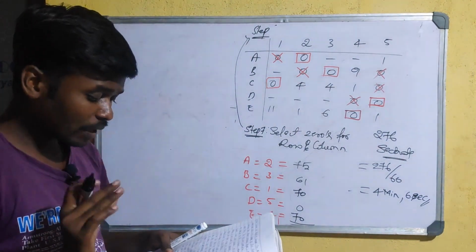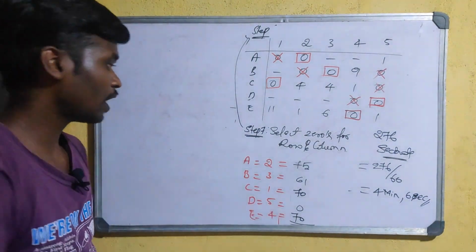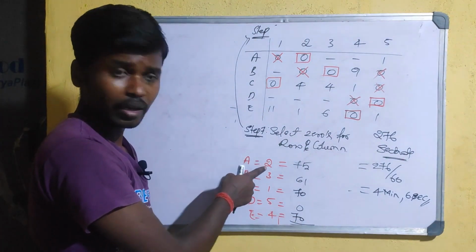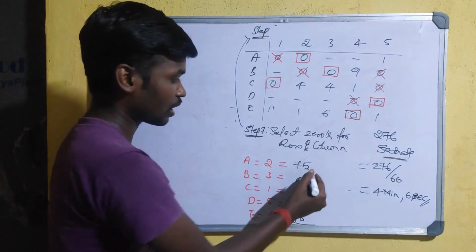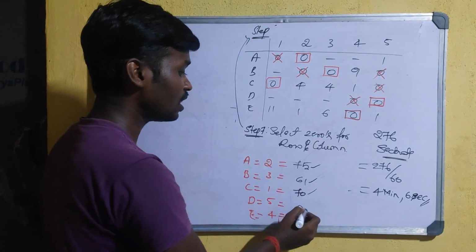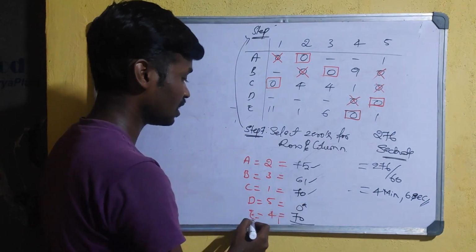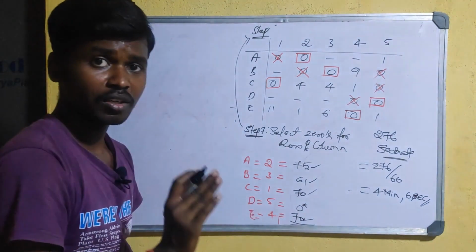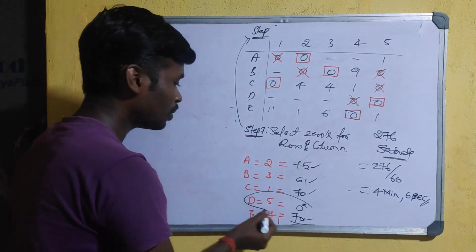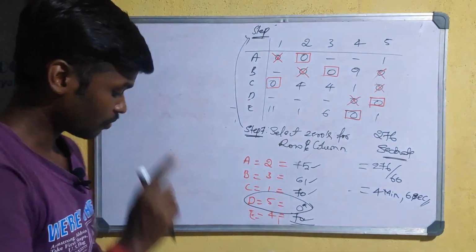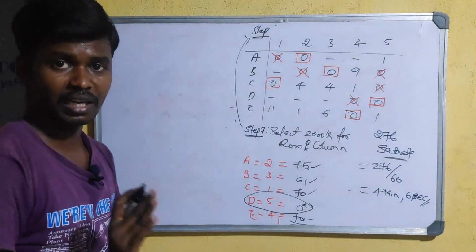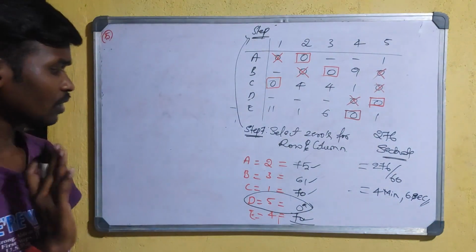Next, who will not be in the relay? If A participates in the second style, they swim in 75 seconds. Next, B in 61 seconds, C 70 seconds, D 0 seconds, E 70 seconds. Then who will not be in the relay? Ultimately D will be eliminated. For the second question, D will not be in the relay. So this is the solution.